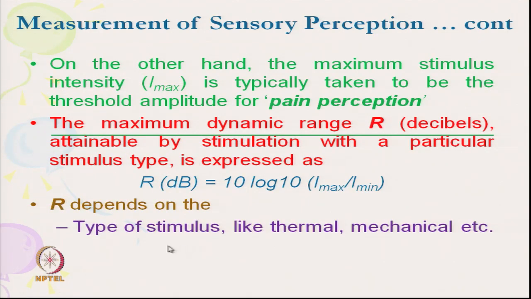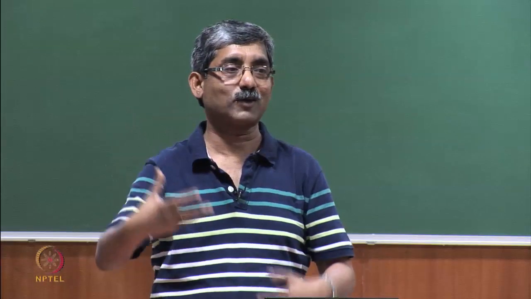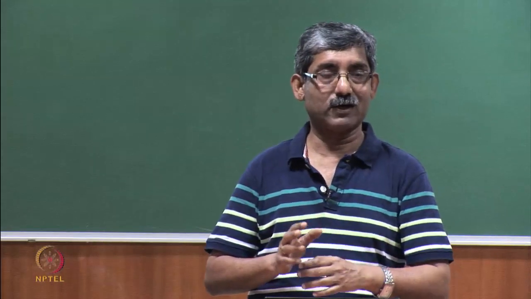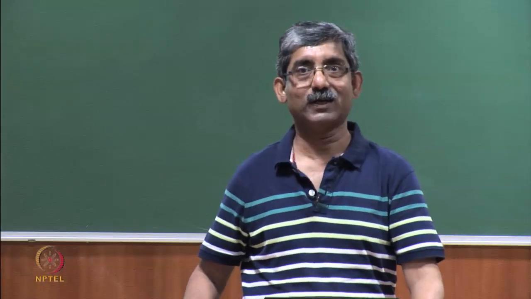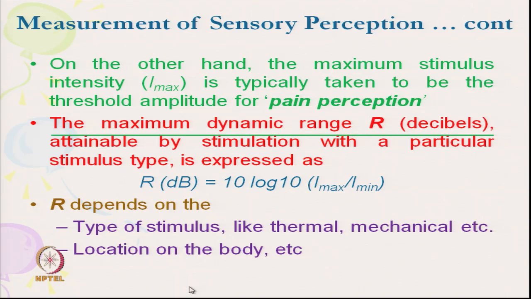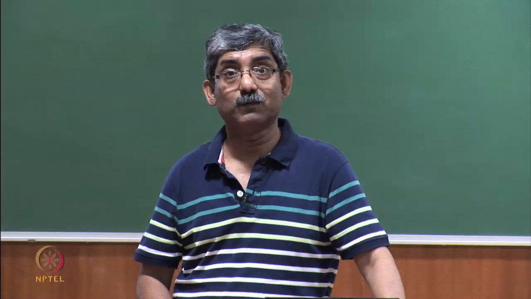And R depends on the type of stimulus, like thermal or mechanical. At a certain temperature I start feeling cold, but up to what temperature can I bear it? This is very important for designing comfortable clothing, okay. Similarly, mechanical receptors also depend on the location of the body, depending on the number of sensors at that location.